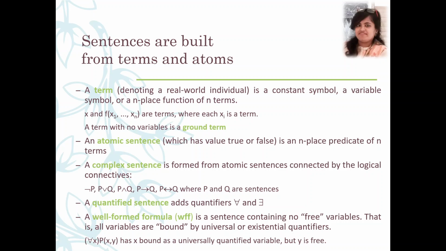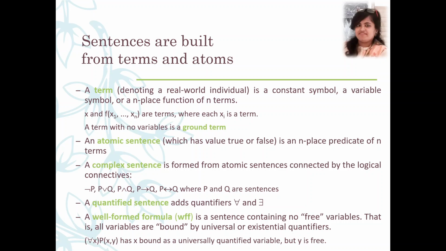Now, sentences are built from terms and atoms. A term denoting a real world individual is a constant symbol, a variable symbol, or an n-place function of n terms. That is, x and f(x1, ..., xn) are terms where each xi is a term. A term with no variables is a ground term.